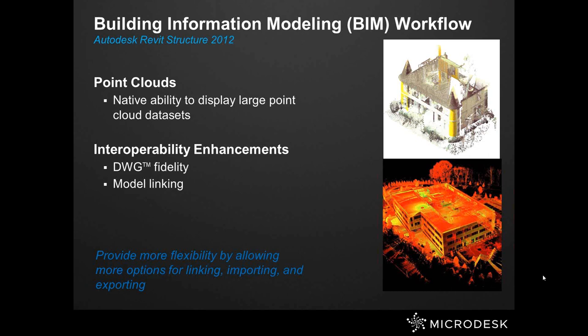Point cloud tools provide many standard reload, unload, and remove functionalities similar to other kinds of linked objects. At the same time, the point cloud behaves like a model object within Revit Structure. Geometry creation and modification tools in Revit Structure are now capable of snapping to implicit planar surfaces that are dynamically detected in the point cloud.